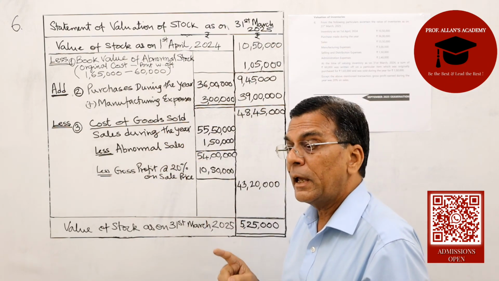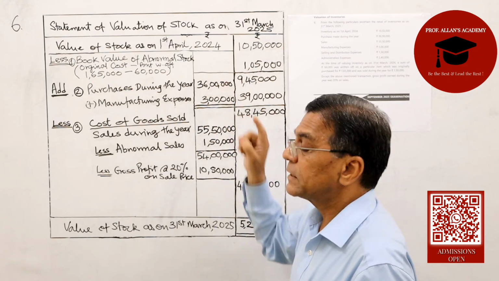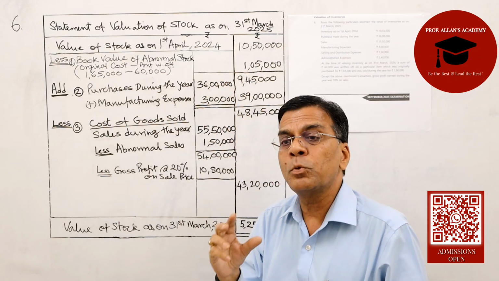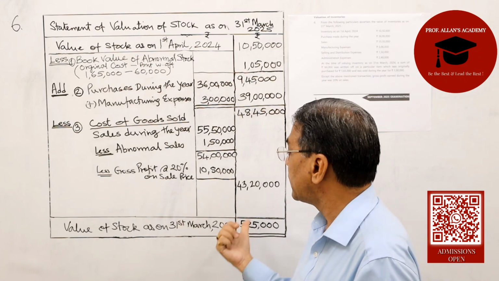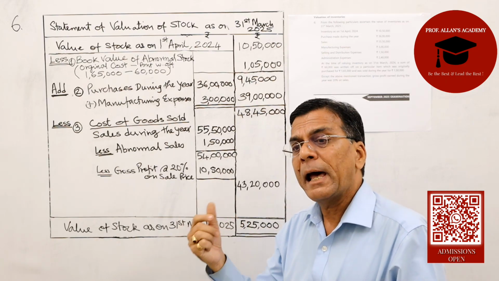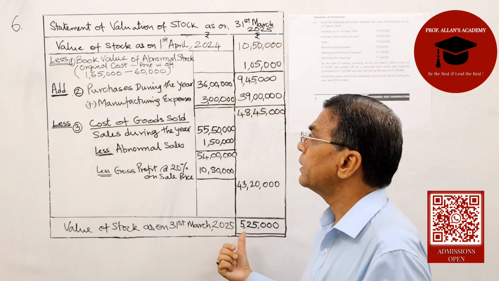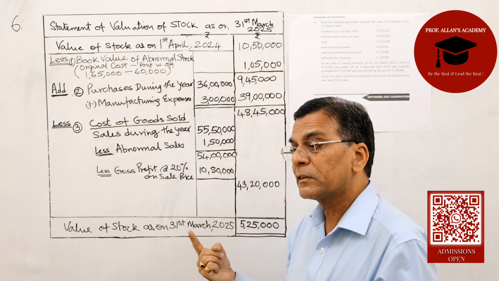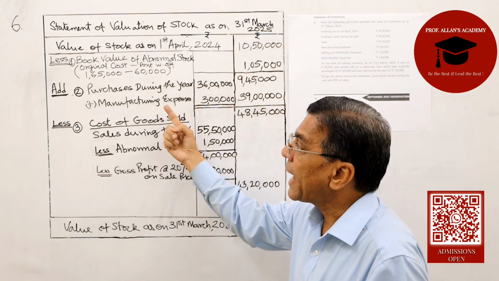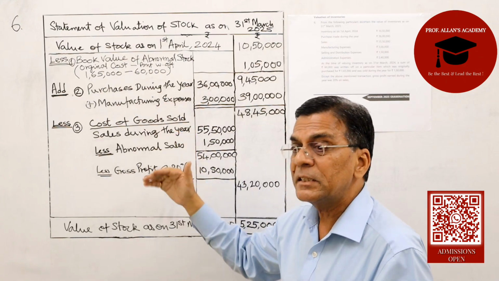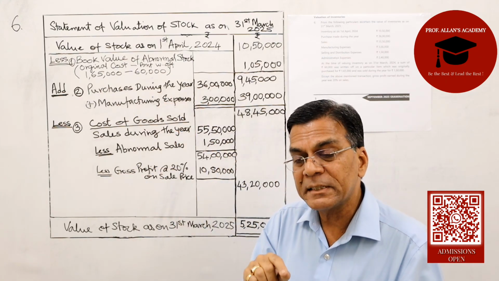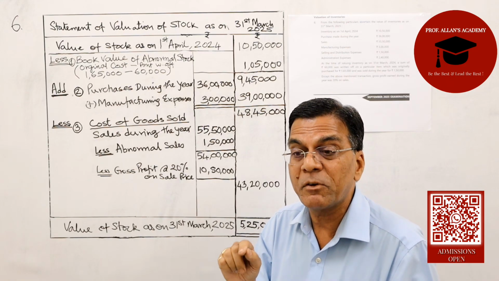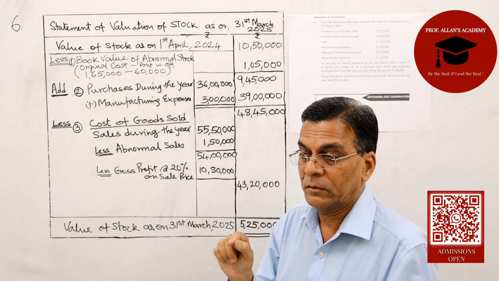Now, the important point to note is that the stock was given to us on the opening date of the year, and I am required to find out the value of the stock as on the closing date of the year. So at that time the purchases will be added and the sales will be subtracted, but sales will be subtracted at cost.